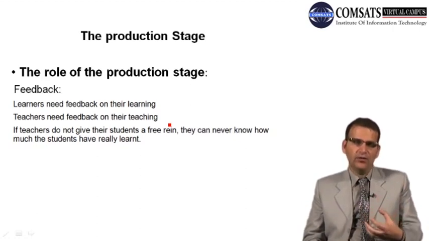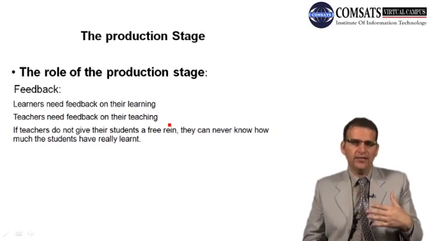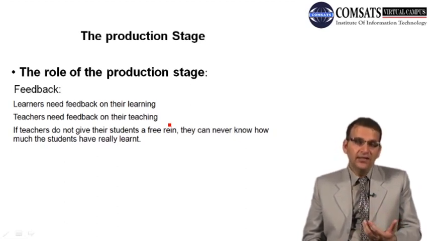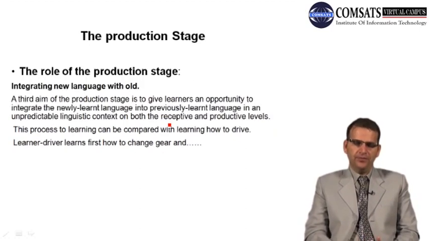And that is important in the production stage, that you let the student produce. If the teacher corrects him with every sentence, students cannot learn in that environment. So dear students, feedback is again very important in the production stage.